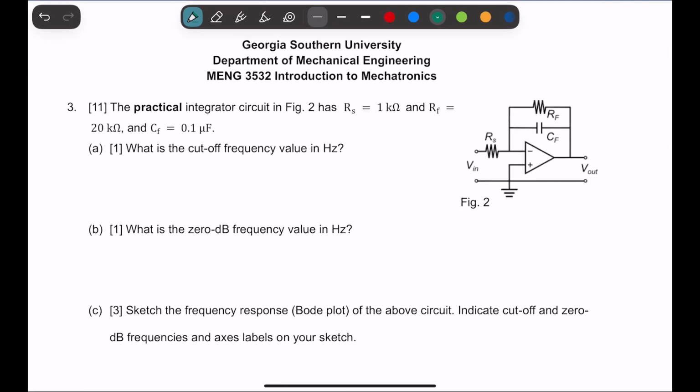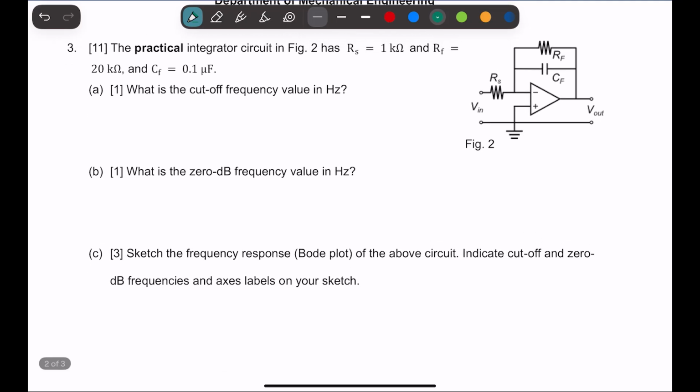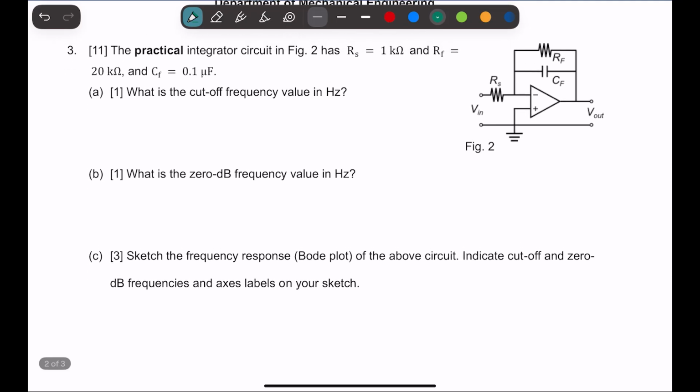And then the next one here, I was actually going to ask you guys what this circuit is, but I was a little bit afraid some of you might answer wrong, so I gave you this. It's a practical integrator circuit, which means maybe I can ask you guys in the exam later. I don't know. But this is a practical integrator circuit, and an integrator circuit can be identified by this capacitor in the feedback loop.